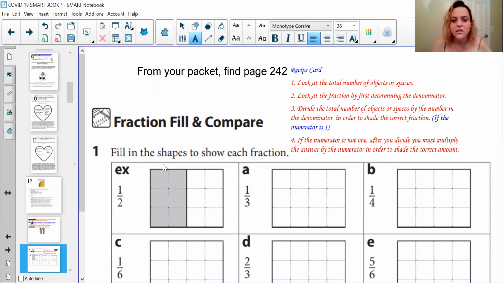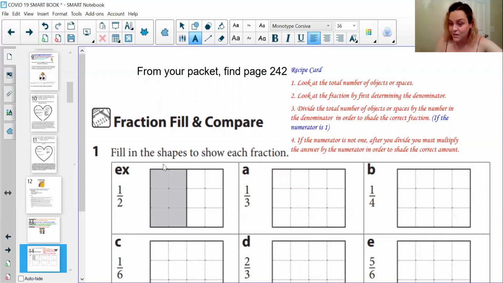Number 3, divide the total number of objects or spaces by the number in the denominator in order to shade the correct fraction if the numerator is 1. Number 4, if the numerator is not 1, after you divide, you must multiply the answer by the numerator in order to shade the correct amount. We are going to totally make sense of this recipe card after you copy it down, but I do want you to have it so that you can refer back to it. So pause me now so that you can do that.